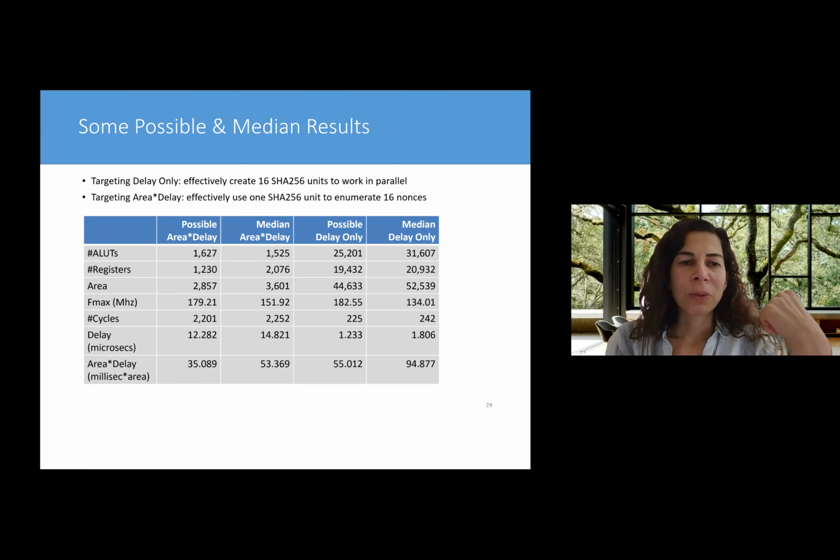But in targeting the delay, we're going to create 16 SHA-256 units and then use each of these units twice, or actually like 3 times, for each of the nonces to get to the results.